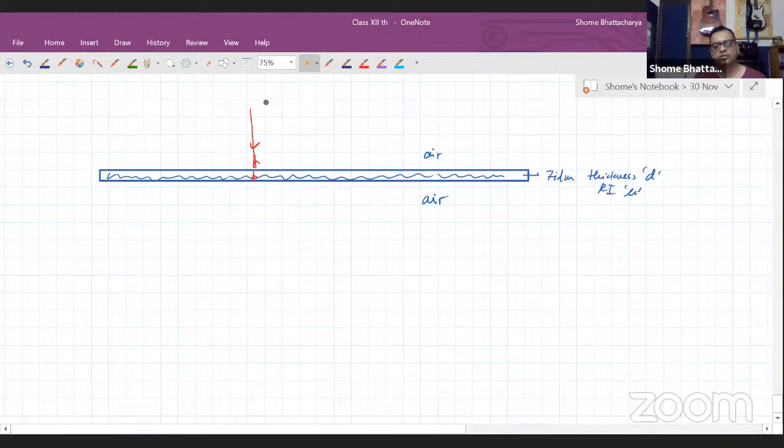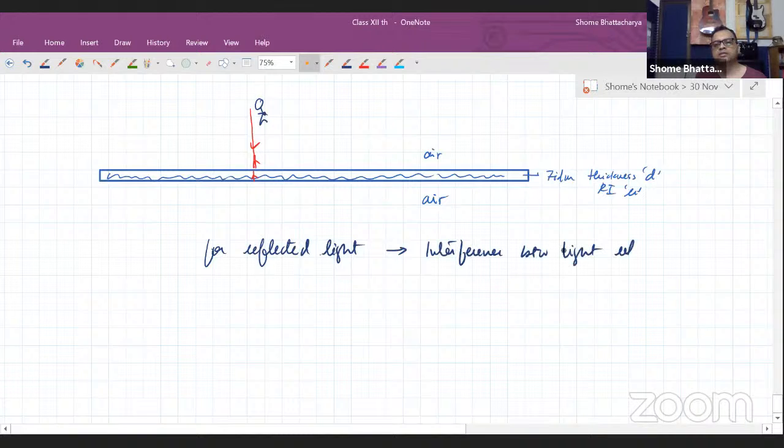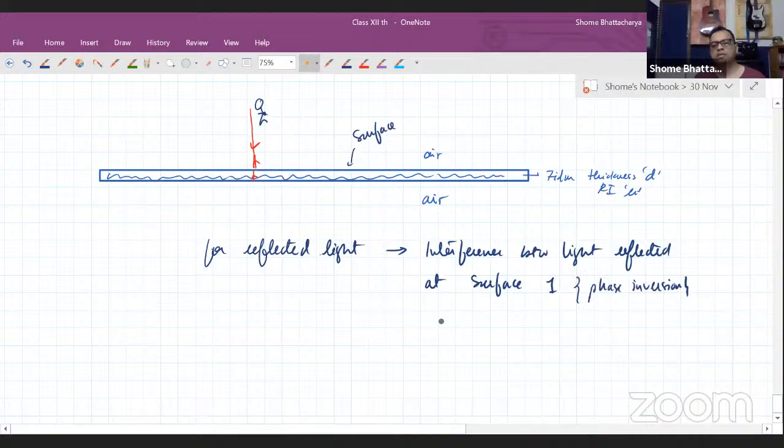So this time for reflected light, okay, there is interference between light reflected at surface 1, okay, which involves phase inversion, and surface 2, which involves no phase inversion.